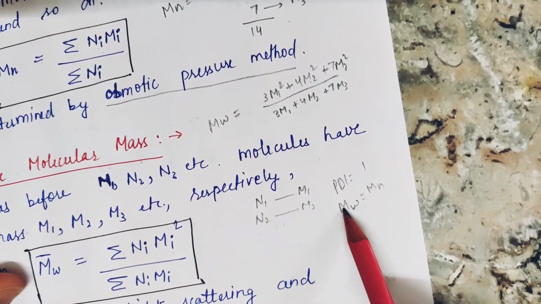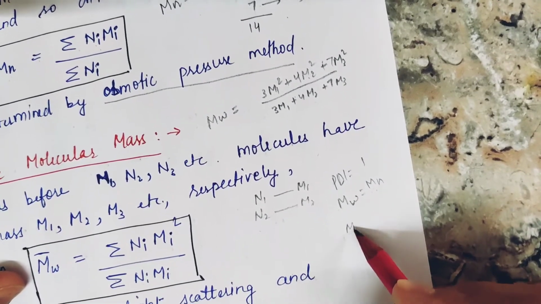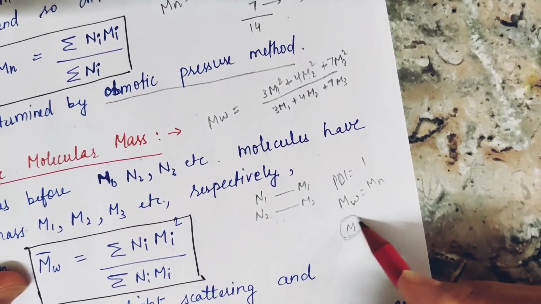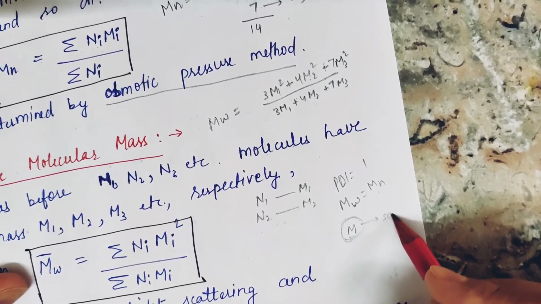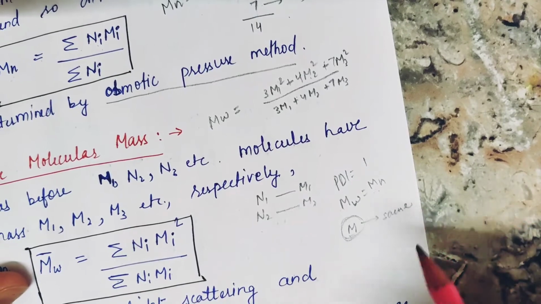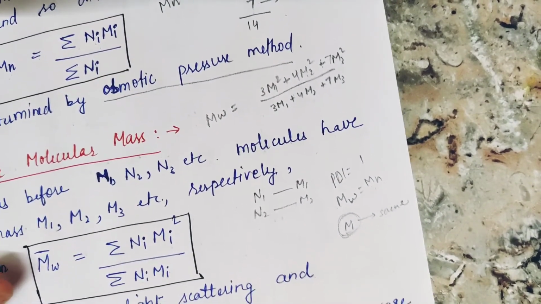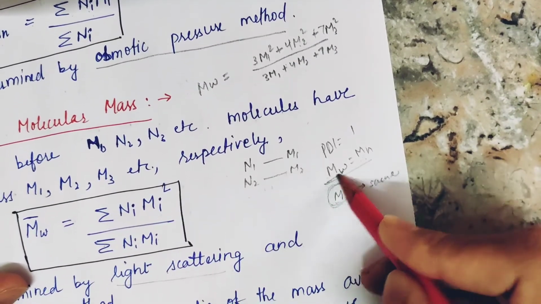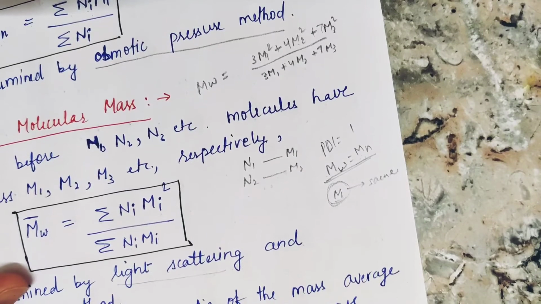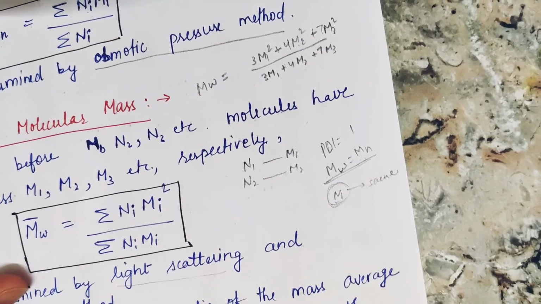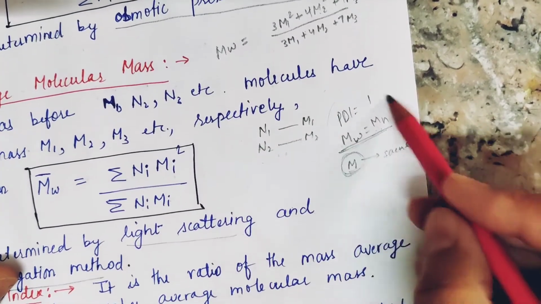In order for these two to be the same, the molecular mass of all the chains should be the same. There should not be chains of different molecular masses present in the system. This will only be fulfilled when all the chains have the same length, or you can say the same molecular masses. Then only this condition will be fulfilled.